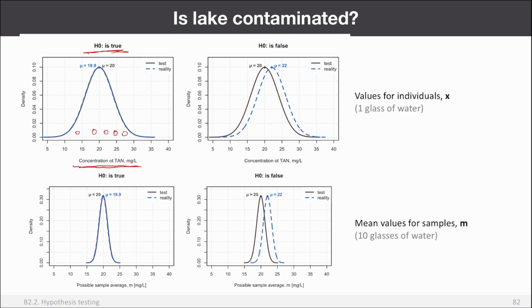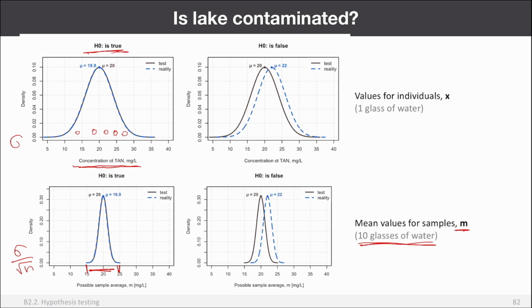But if we take, for example, 10 glasses of water from this lake and compute the average, then the average will vary within a very narrow range, at least much narrower than this one, right? Because you remember that the variation of the average is sigma over square root of n, while the variation of the real values is sigma, right?